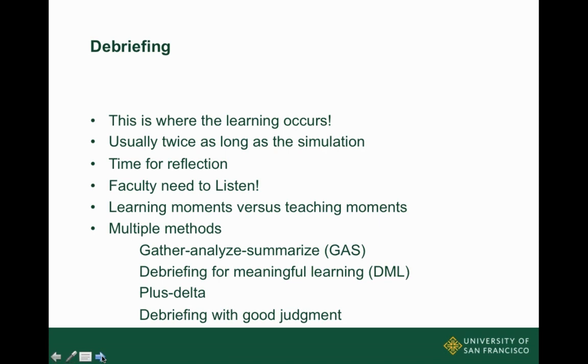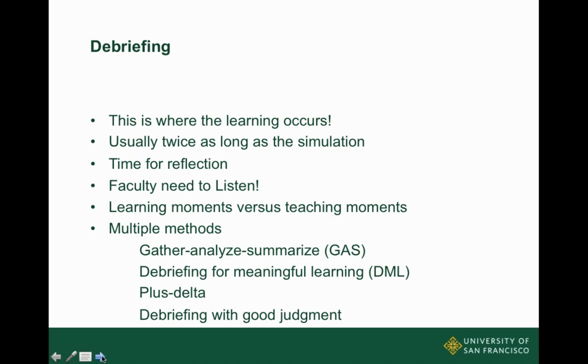There are multiple methods for debriefing, and we try to use a combination of all of these. There's the gather, analyze, summarize, which is also known as the GAS model. There's debriefing for meaningful learning, DML. There's the plus delta and debriefing with good judgment, to name a few.